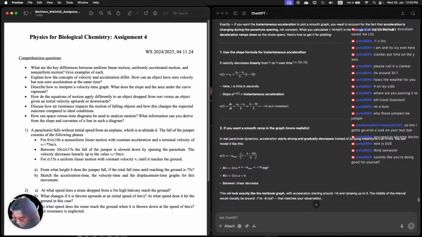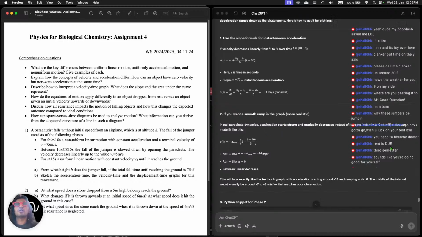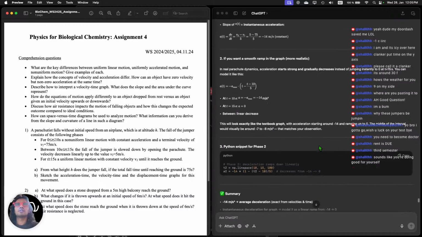Tonight. Okay, tonight. If you want a smooth ramp in the graph, you can model like this: minus A max times (1 minus (t minus 10) by 5). Oh, it's already done in the Python.